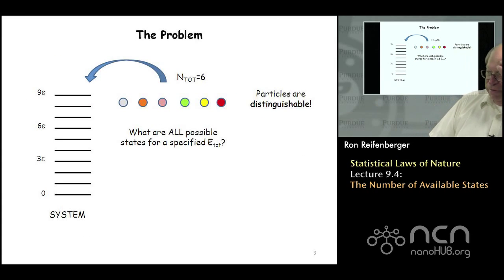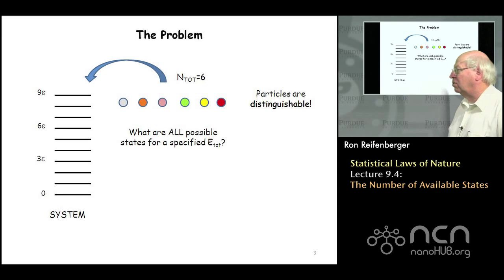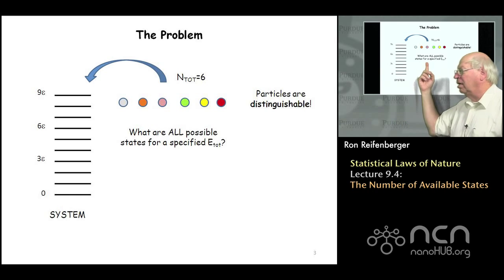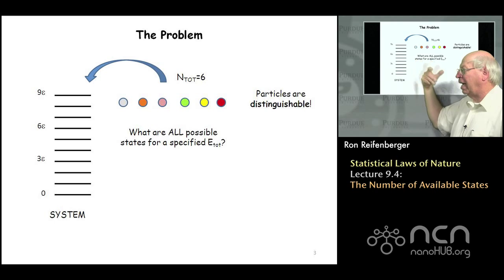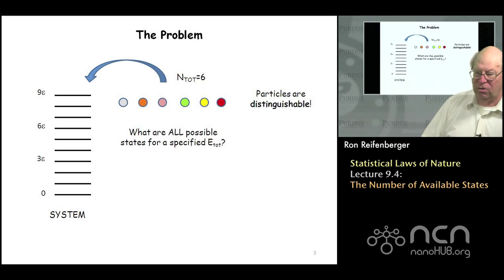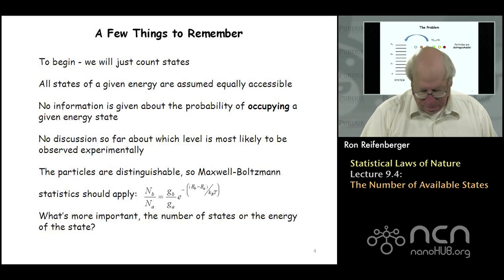So here's just another way of saying what I've already said. We can color the individual particles because they're distinguishable. We've got a system with equally spaced energy levels, and we're going to ask, as we increase the energy that's distributed among these particles, what are the possible states for this particular system?